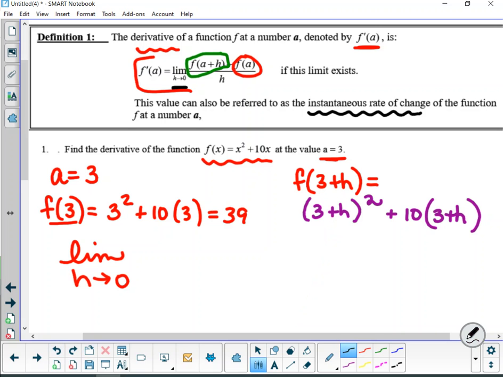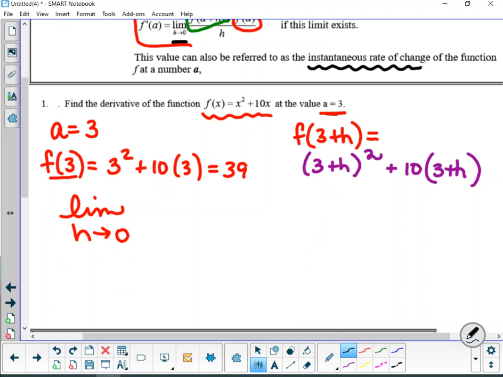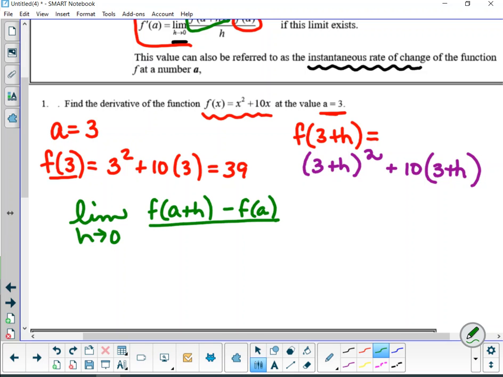So now I'm going to write out my limit. It might be a good idea to write the formula first. The more you write the formula, the more you'll memorize it. So the limit as h approaches 0 of f of a plus h minus f of a, all divided by h.